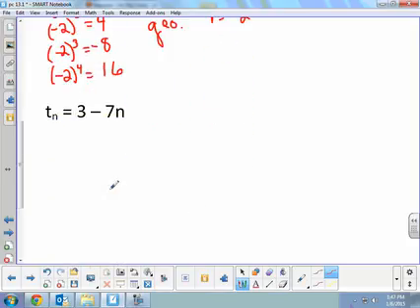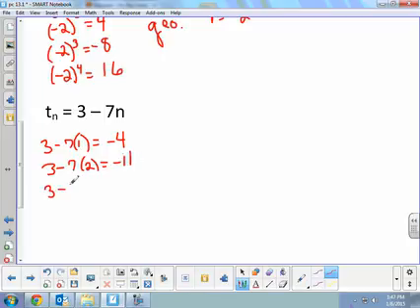And on our last example, 3 minus 7 times 1 would be -4. 3 minus 7 times 2 would be 3 minus 14, which would be -11. 3 minus 7 times 3, that'd be 3 minus 21, which would be -18.